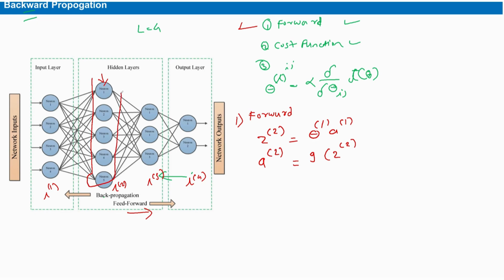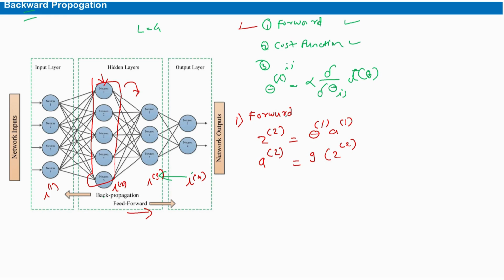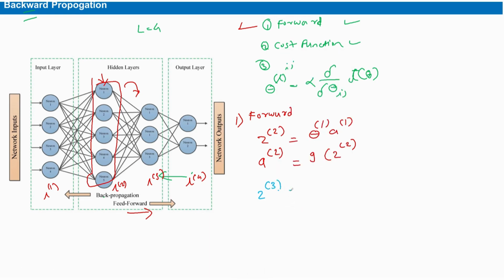Once we get this, we move to the next one, which is the activation for layer 3. In the same way, to find the activation for layer 3, first we need to find the linear computation for layer 3, which is computed by theta 2 times A2.